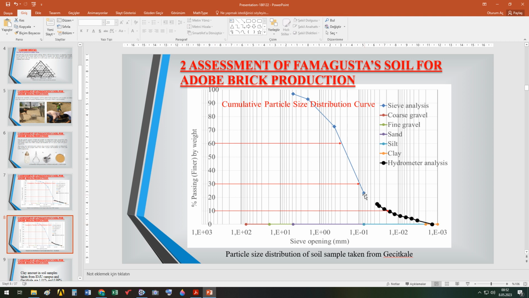If I come here, it is approximately, let's say, 25. 95 minus 25 gives me 70% sand included in my soil sample. That's why I am using these lines when I am drawing this particle size distribution of soil.